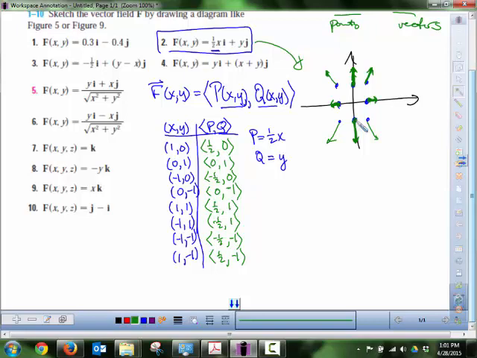A vector field, I don't know. What's the purpose of a vector field? In math, it just allows us to play around with another type of function. But in physics and engineering, when you talk about a magnetic field or electric field, that's a vector field.